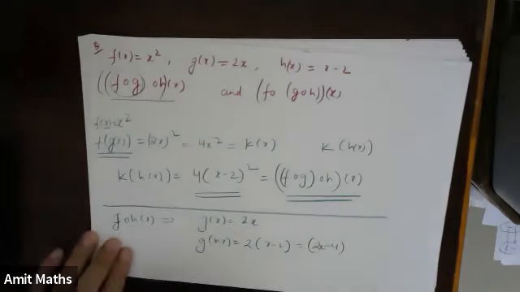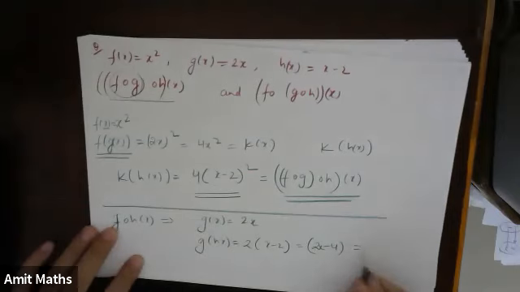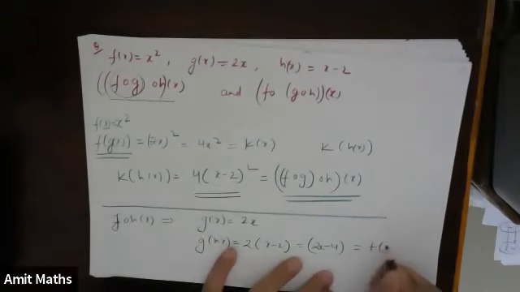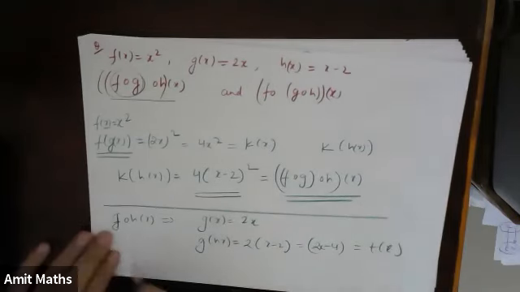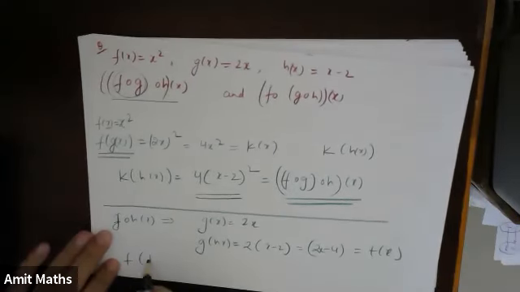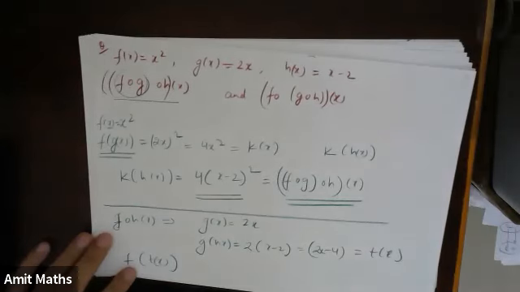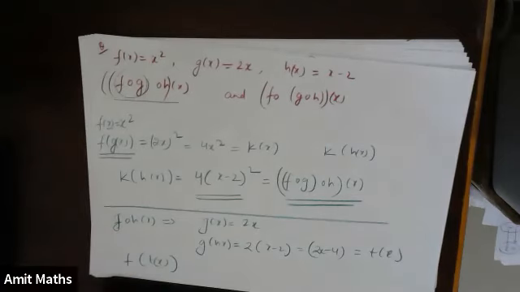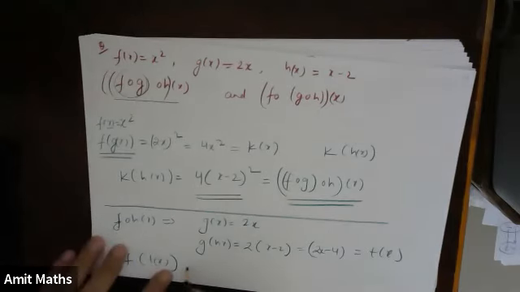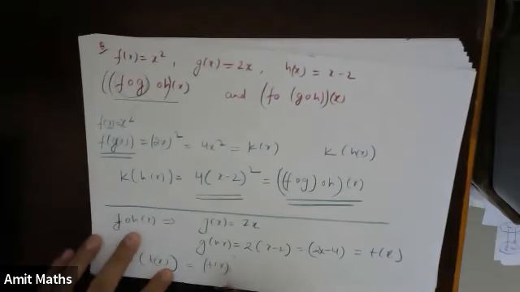Now this I can take as t of x, and I have to find f of t of x. f is x square, so instead of x I substitute t of x, so this will become t of x whole square.